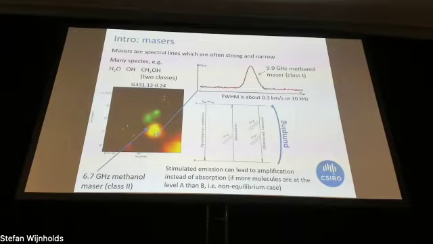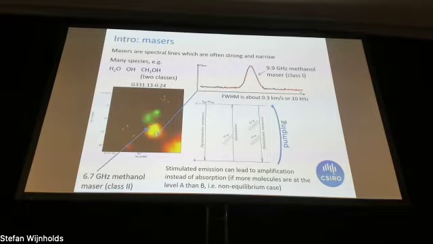The sources I'm studying usually appear in regions of high mass star formation, and here you can see an example of a field. By the way, all images and spectra I show will be for the source this talk is all about. All these different spots are different kinds of masers, which are different transitions or different velocity components of the same transition.